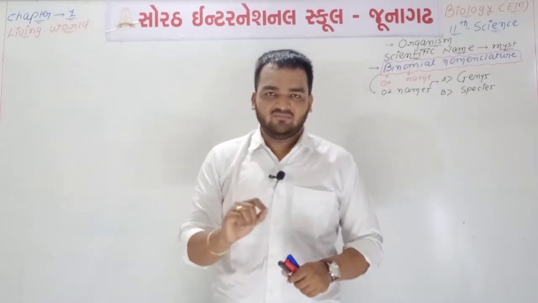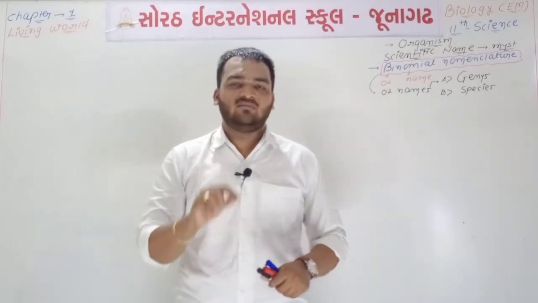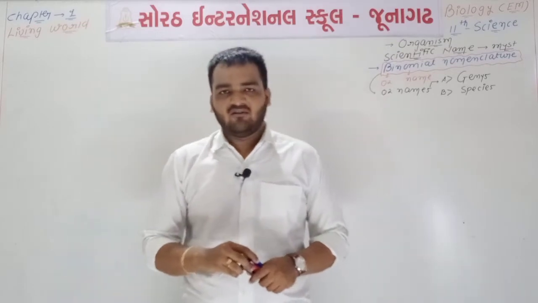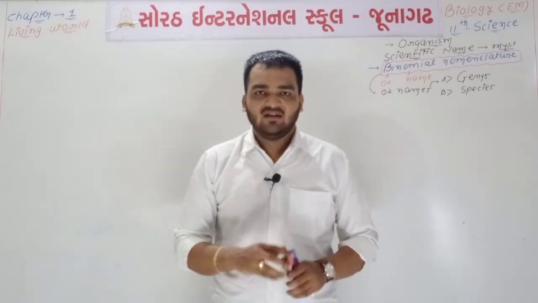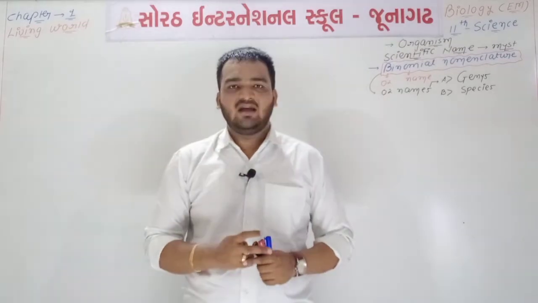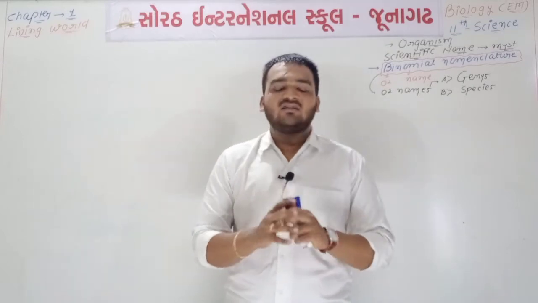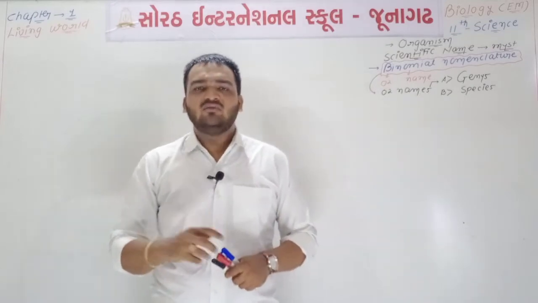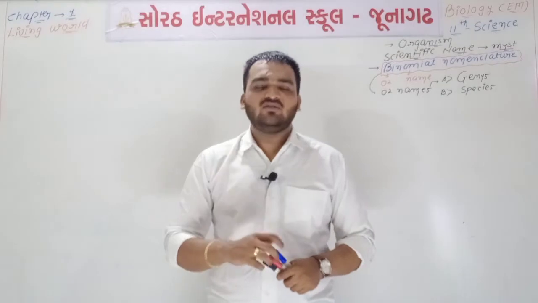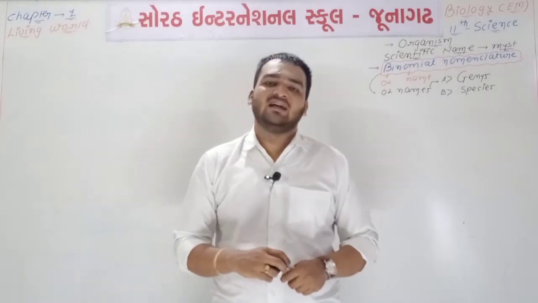If you are writing a scientific name, then underline is required. If you are typing a scientific name, then italic style is required, which indicates the origin of the scientific name from the Latin language.